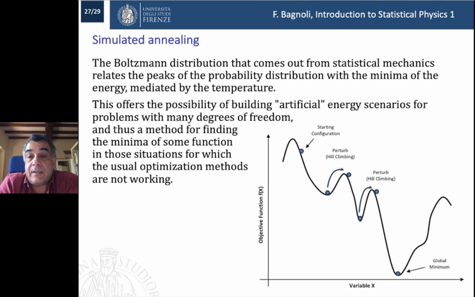And if one considers the cost of the function to be optimized as a kind of energy, the minimum corresponds to the ground state of a physical system.